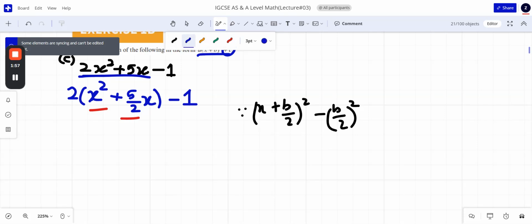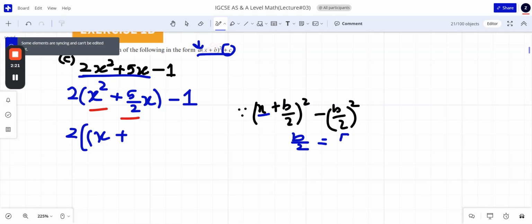So now the 2 we will bring down the same. Instead of the x square plus 5x, we will use this formula. Remember, the x always will remain the same, x and plus. What is b? b is the coefficient of x. So here b is the coefficient of x, which is 5 by 2. So what would be b by 2?